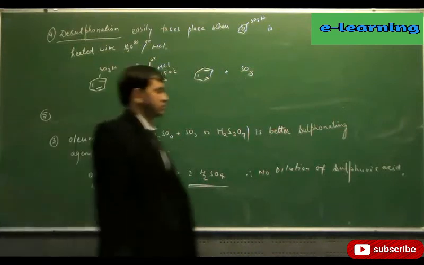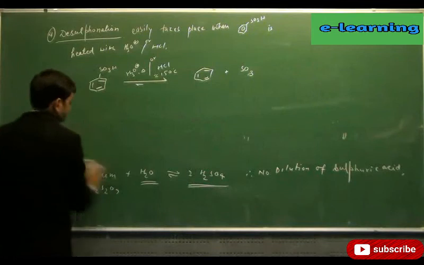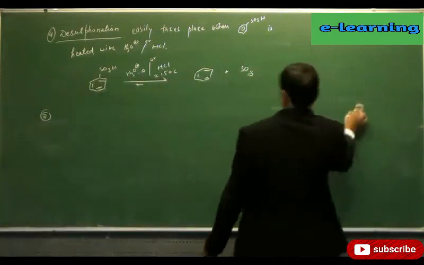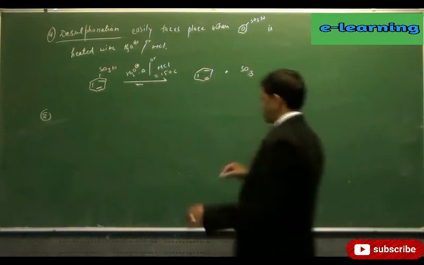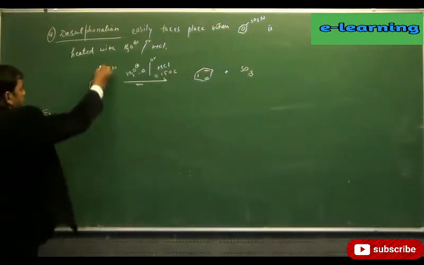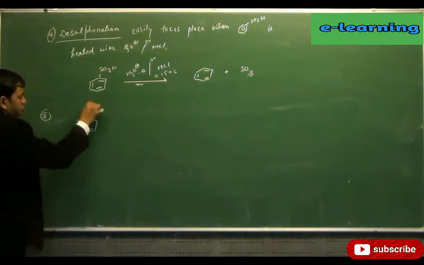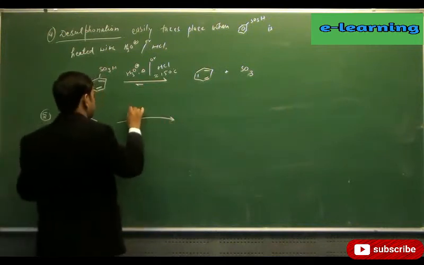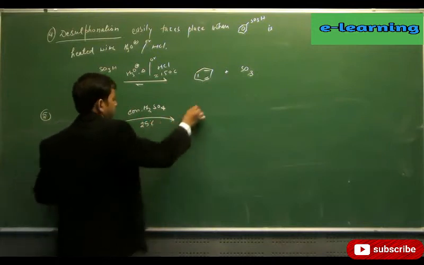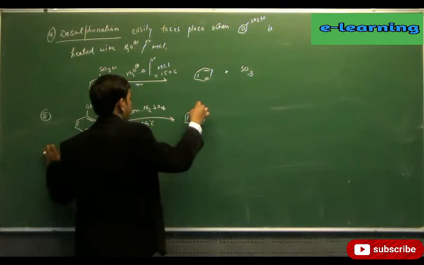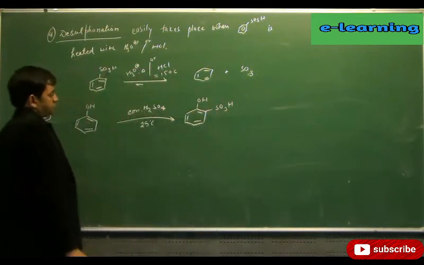Number 5. When sulfonation of phenol is done at 25 degrees centigrade, it gives the major product ortho hydroxy benzene sulfonic acid.